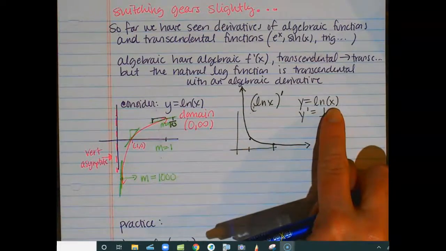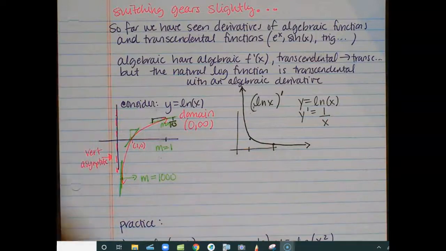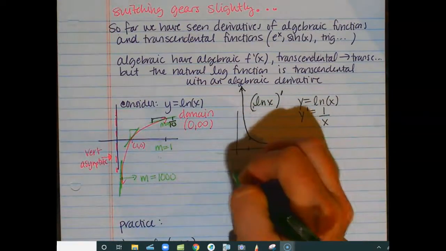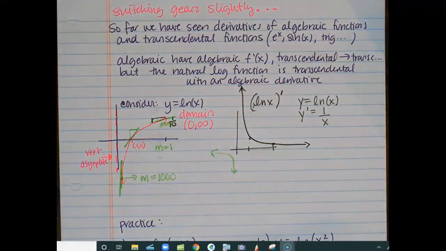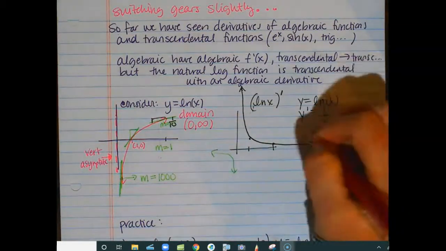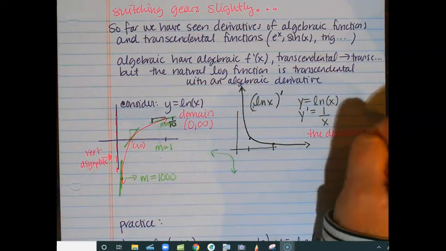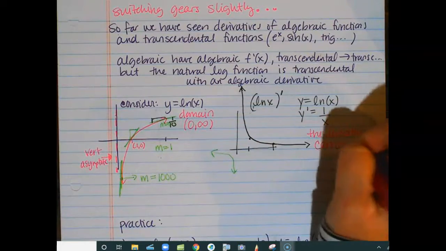So in this case, it's just x, 1 over x. If you remember, if I was to graph all of 1 over x, it would also be over here, right? But I can only consider 0 to infinity. The derivative carries over the same domain.